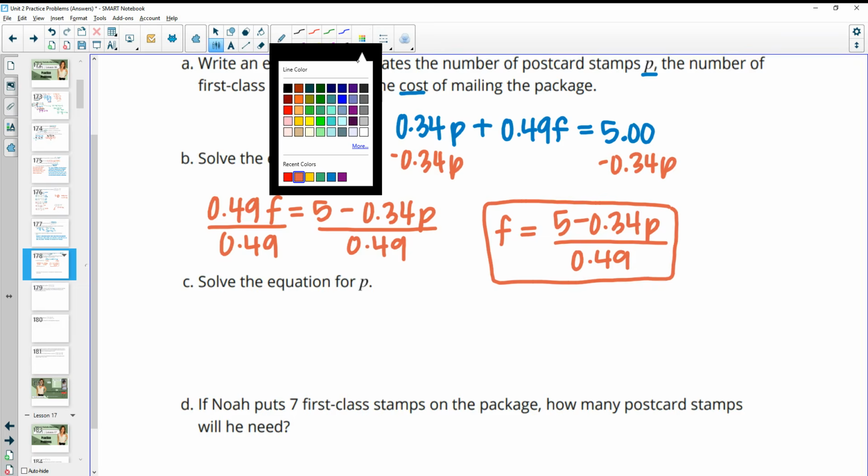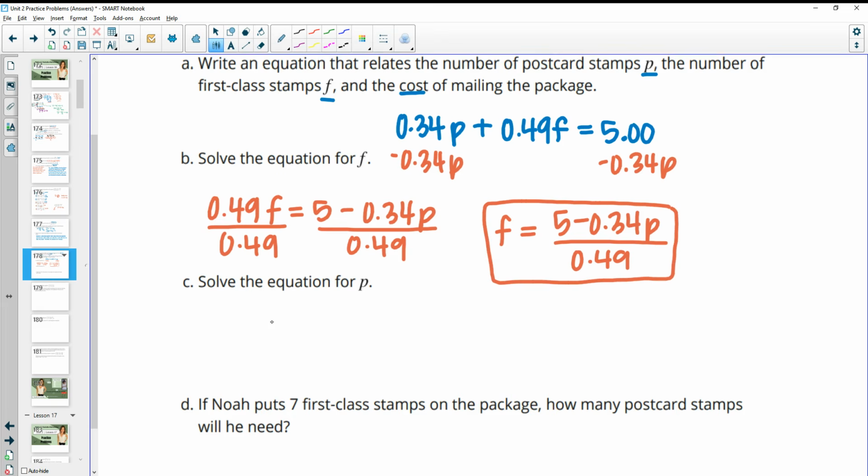Then the next one wants us to solve the equation for p. So I'm just going to erase this first step here, because now our first step is going to be to get p by itself. So we're going to subtract 0.49f from both sides.